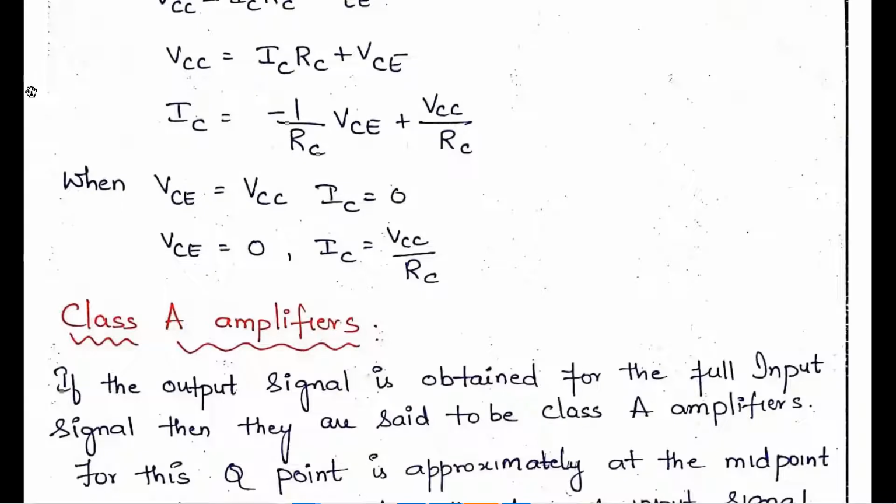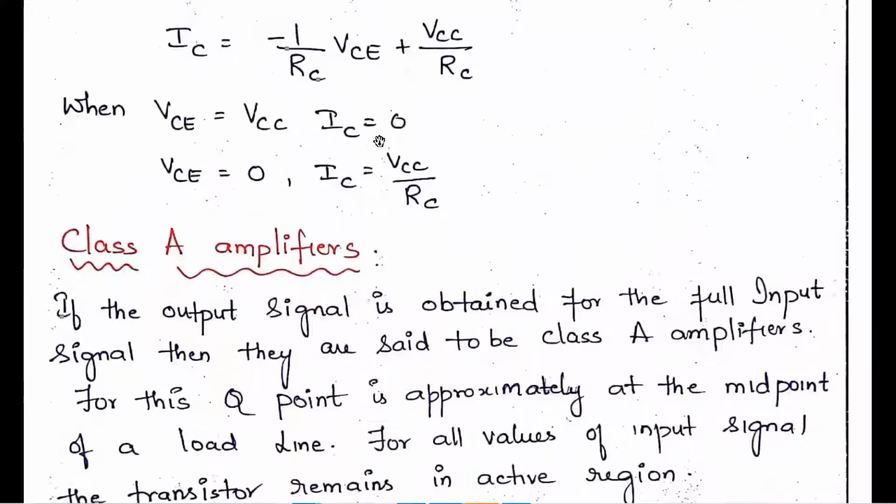Means when you give a small input signal IB, there is a large sinusoidal signal IC. Then if IC changes, VCE has to change, but along this straight line, because VCE and IC are related along a straight line. So when IC changes, VCE changes along the straight line.